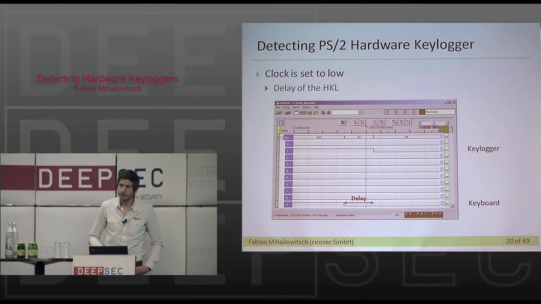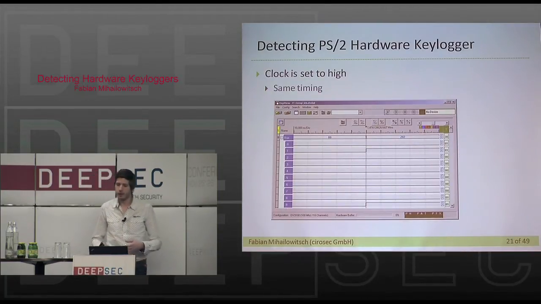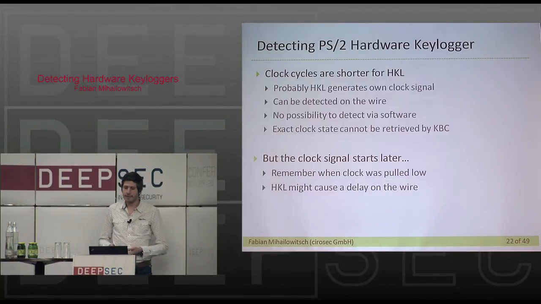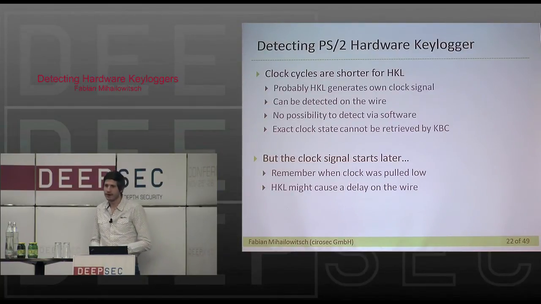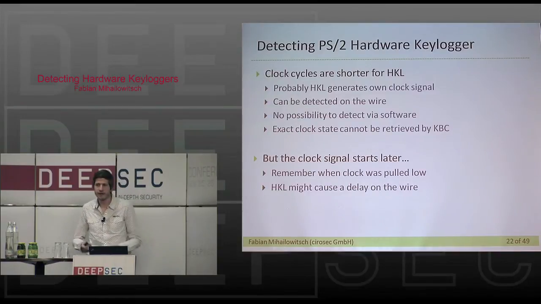Once it is pulled back to high, the clock, in that sample, is at the same timing. So what we can see out of this is the clock cycles are shorter once the keylogger is present. Which, like I mentioned, is probably because the hardware keylogger just sends the data again and does its own clock signal and stuff, and you can detect it on the wire.